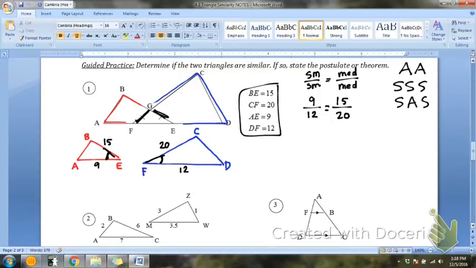Nine times 20 is what? 180. And then what's 15 times 12? 180. If you want to reduce them, you would get 3 over 4 and 3 over 4. So they do reduce to the same scale factor.